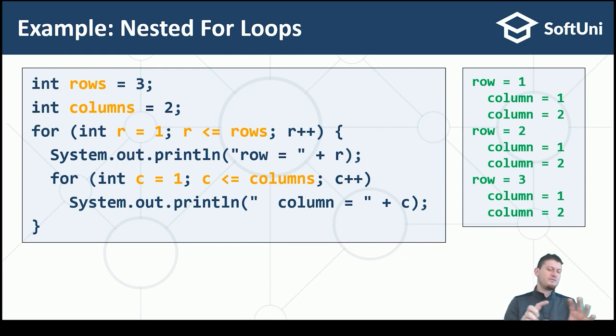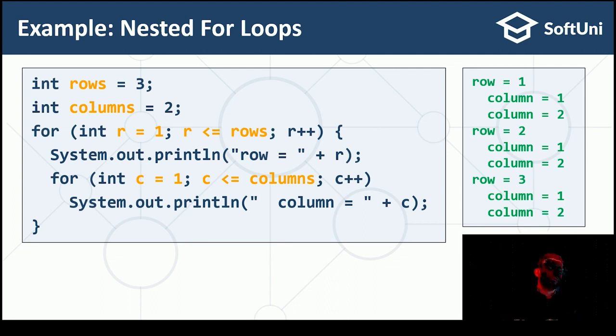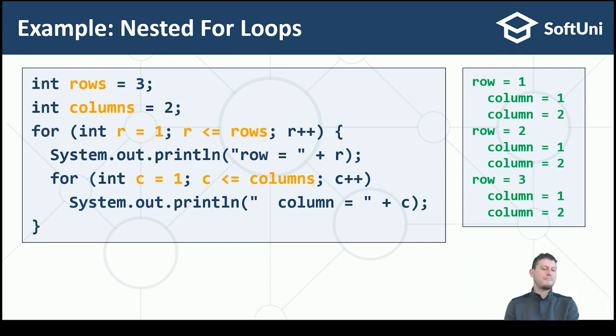We go to the first floor, clean the rooms one by one, go to the second floor, clean the rooms one by one, go to the third floor, clean the rooms one by one. So this is a very good real-world example of nested for loops, and an extremely good explanation of why they are needed and how to code these nested loops in Java.